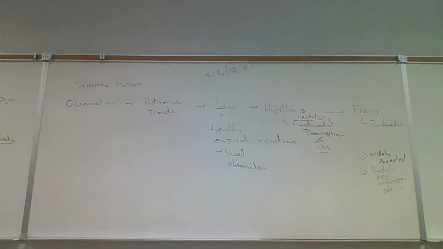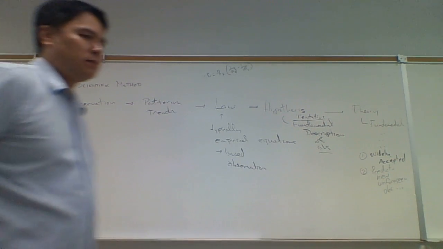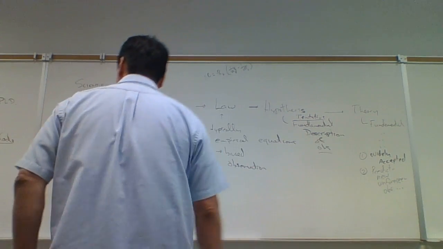And so that brings us to the first part of this, which is chemical reactions, but before we get to that, we're going to do a little exercise in patterns and trends, just to review a little bit.